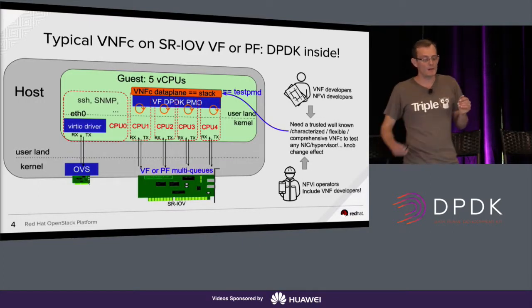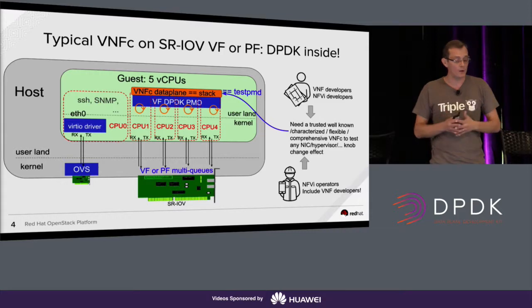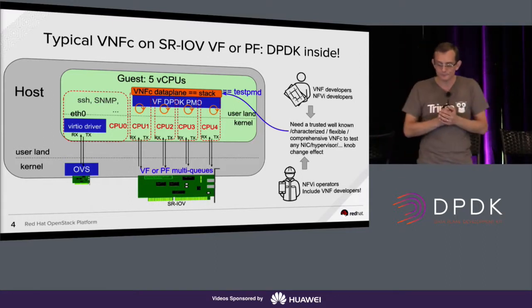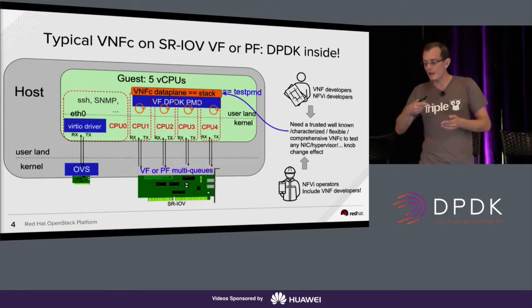Now, if we look at a typical VNFC, one VM running on SRIOV VF, you have a data plane application, a GTP stack, running on top of the DPDK VF PMD, either on VF or on PF, it does not matter, it's in a VM. Then you have the VNF developer and the NFVI developer, the people developing OpenStack, KVM, everything.